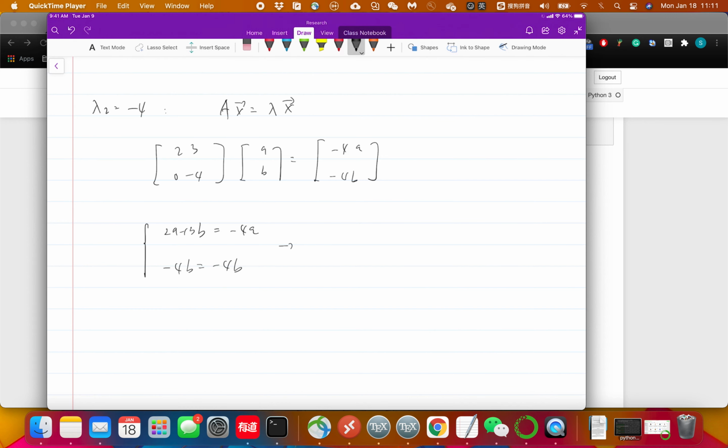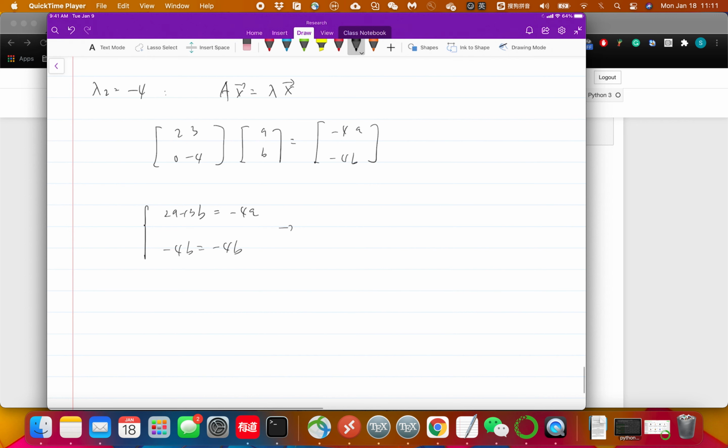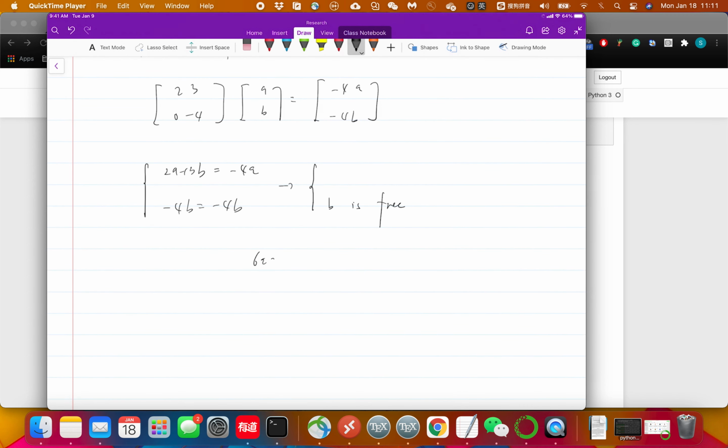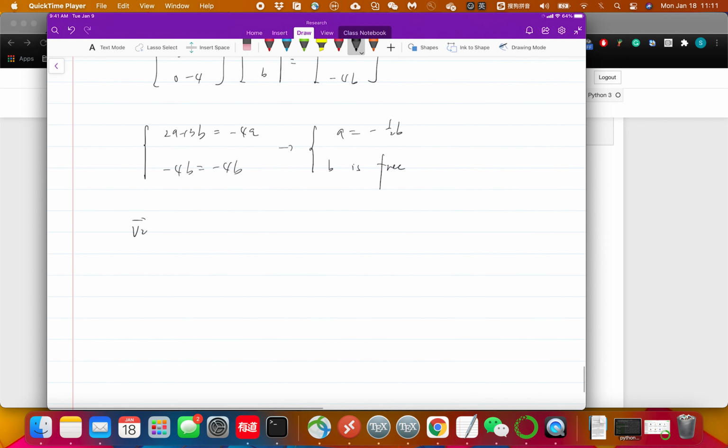This implies b is free, which means you just keep b as b. And the first one gives you 6a equals negative 3b. Therefore, a equals negative 1/2 b. So the eigenvector looks like b times (negative 1/2, 1).